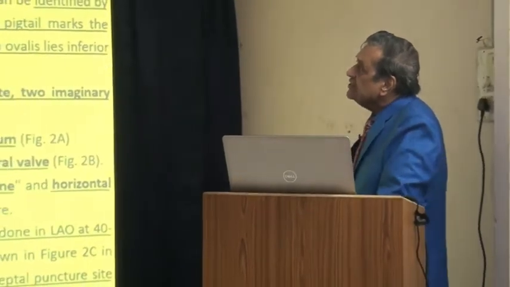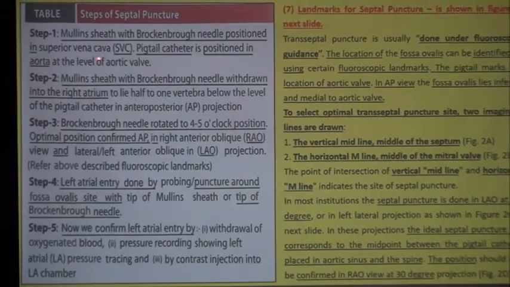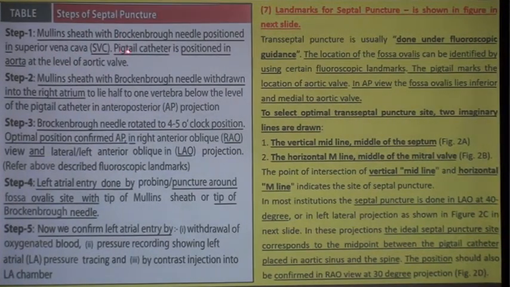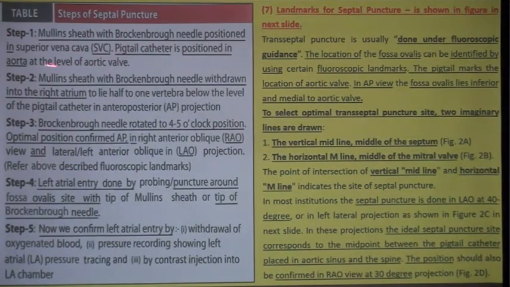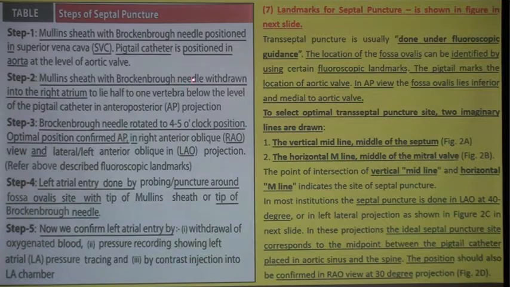So, we have come to the steps of septal puncture. Step 1, Mullins sheath with Brockenbrough needle positioned in the superior vena cava and pigtail catheter positioned in the aorta. Step 2, Mullins sheath with Brockenbrough needle withdrawn into the right atrium.